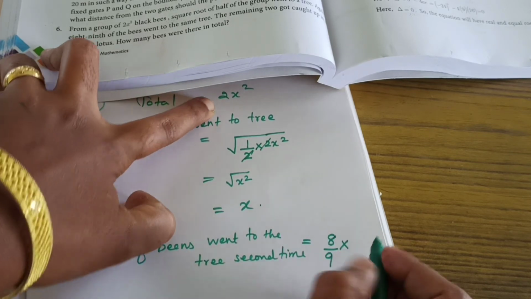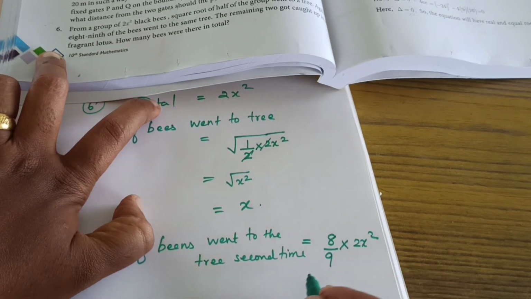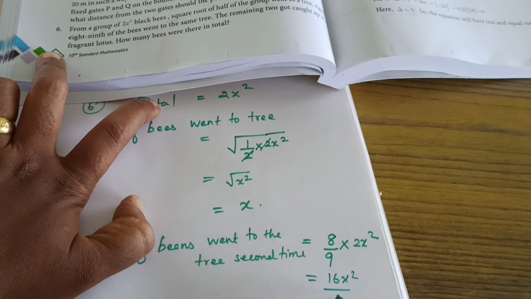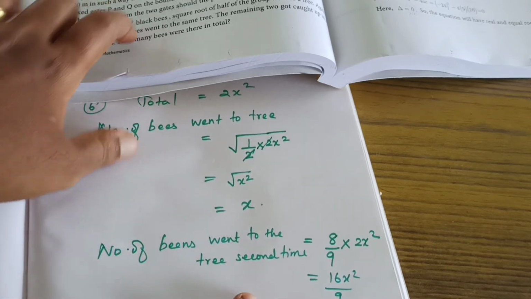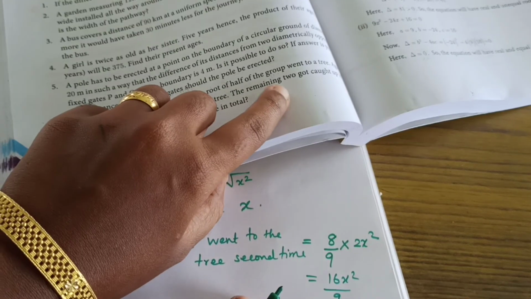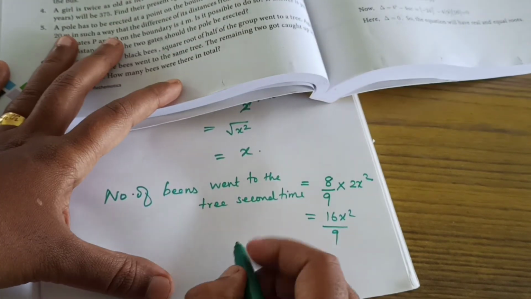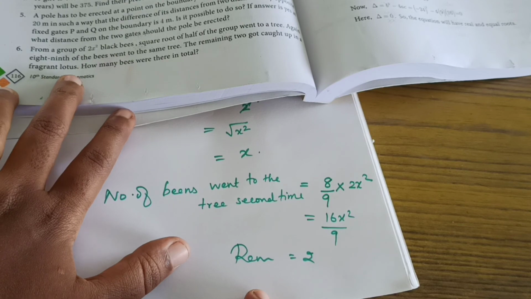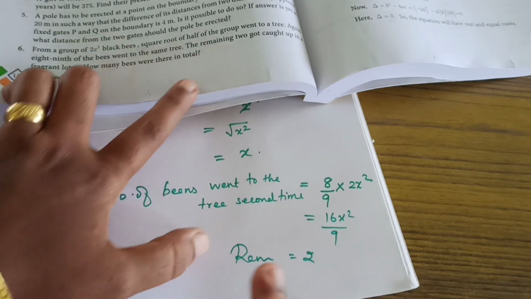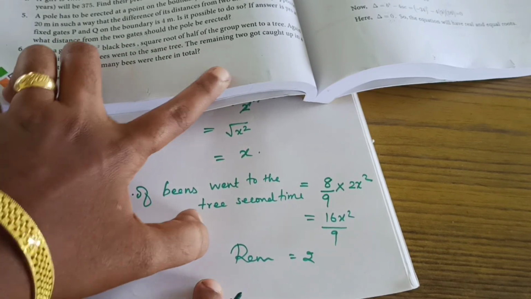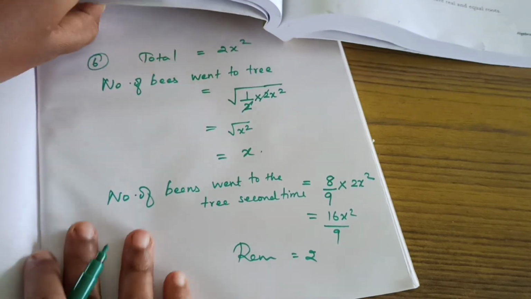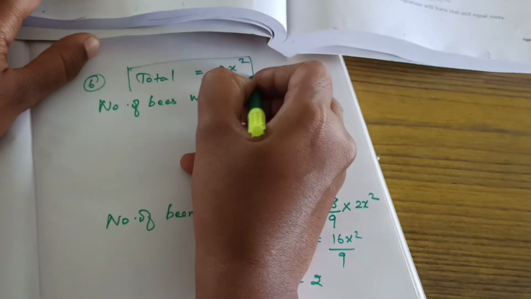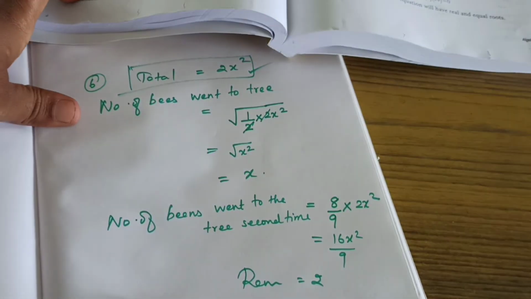Of the bees means total number of bees, 2x square. So 16x square by 9 bees went to the tree the second time. The remaining 2. So what is the remaining bees? 2 caught up in a fragrant lotus. The remaining only 2 bees. Okay. How many bees were in total? So total bees we need to calculate. Total means 2x square only we need to calculate.